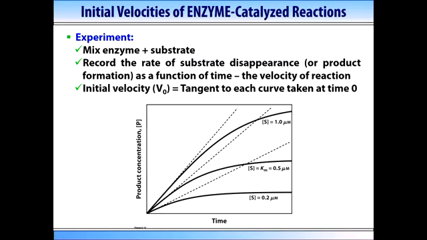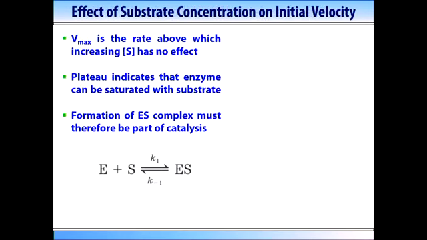So let's now put it in a more tangible form. The velocity, or the rate of the reaction, at infinite concentration of substrate is called Vmax. It's the rate above which increasing the concentration of substrate has no effect.